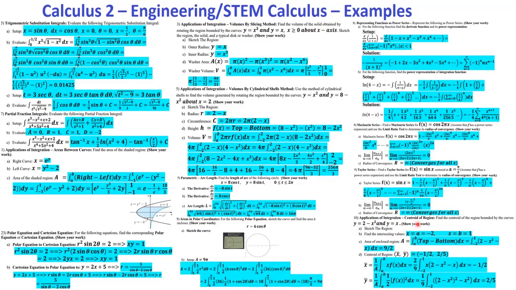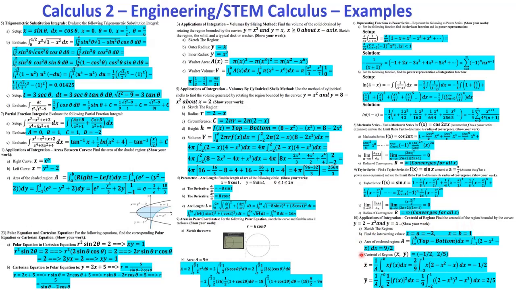Then I have here an application of calculus, the centroid of a region. Find the centroid of the region of the area bounded by y equals 2 minus x squared and y equals x.